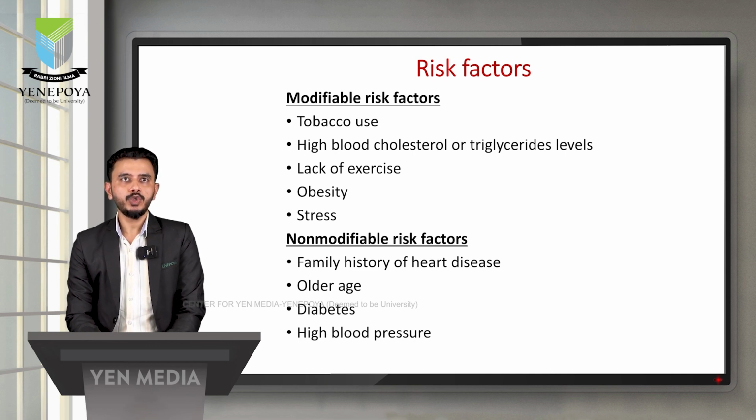Modifiable risk factors: tobacco use, high blood cholesterol or triglyceride levels, lack of exercise, obesity and stress. Non-modifiable risk factors: family history of heart disease, older age. When in older age the vessels become constricted, that means vasoconstriction, the blood will not flow, leading to angina pectoris, and also diabetes mellitus and high blood pressure.